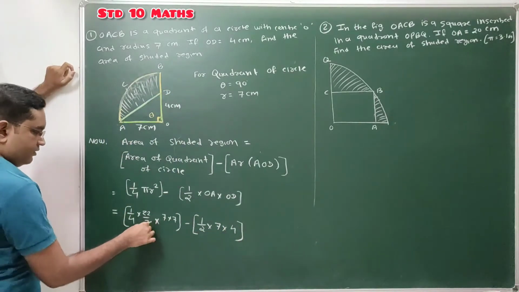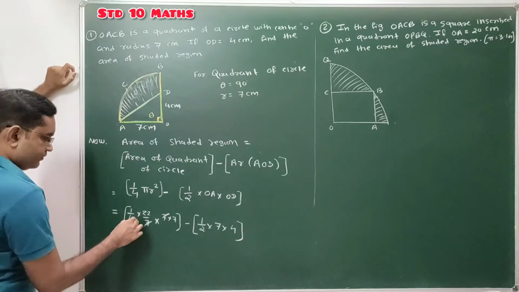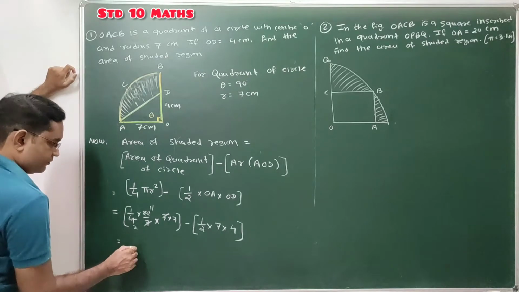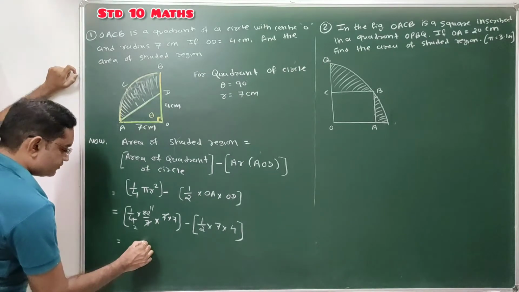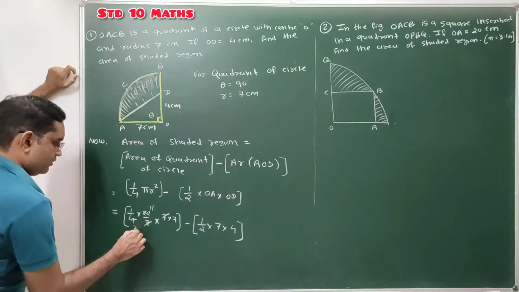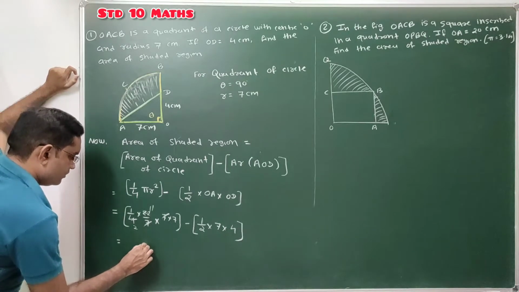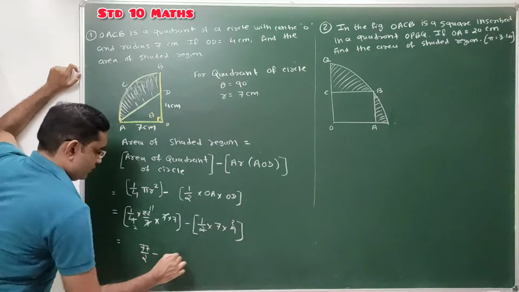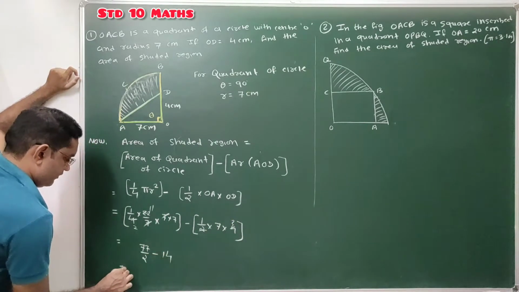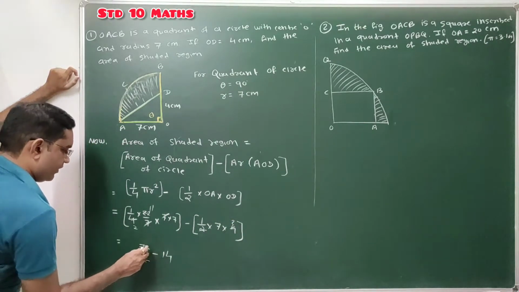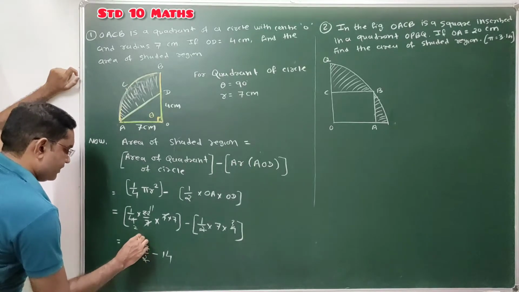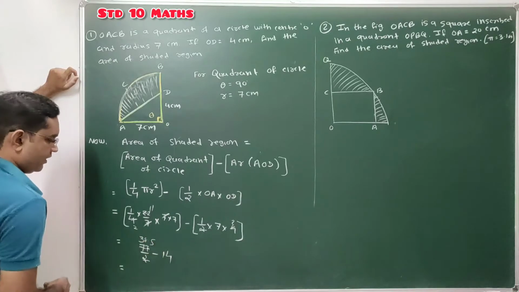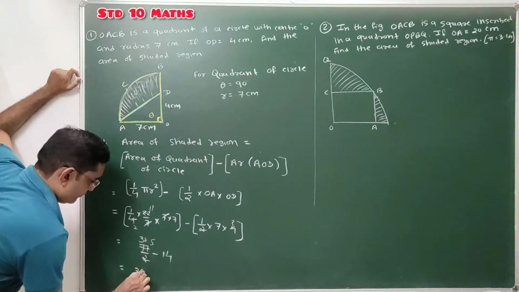So simplification: 7 cut, 2 2s are 4, 2 11s are 77 by 2. 77 by 2 minus 2 2s are 4, 14. अभी इसको डिवाइड कर दो, 34.5 समथिंग होगा. 2 3s are 6, 2 8s are 16, 2 5s are 10, 38.5.